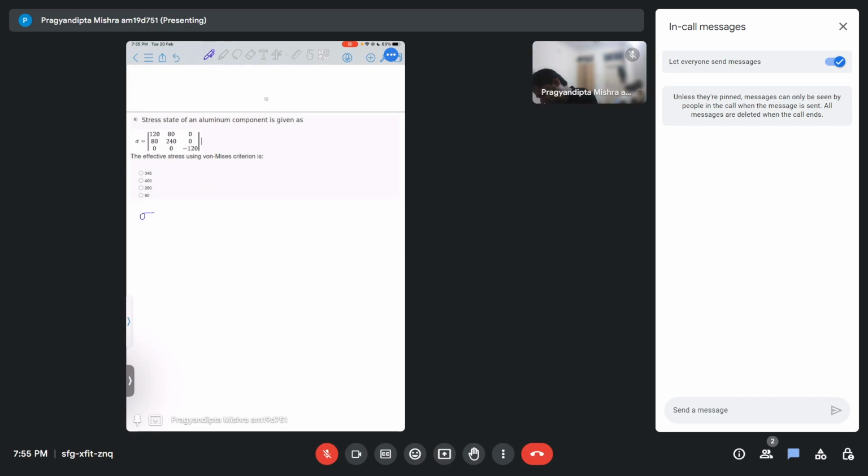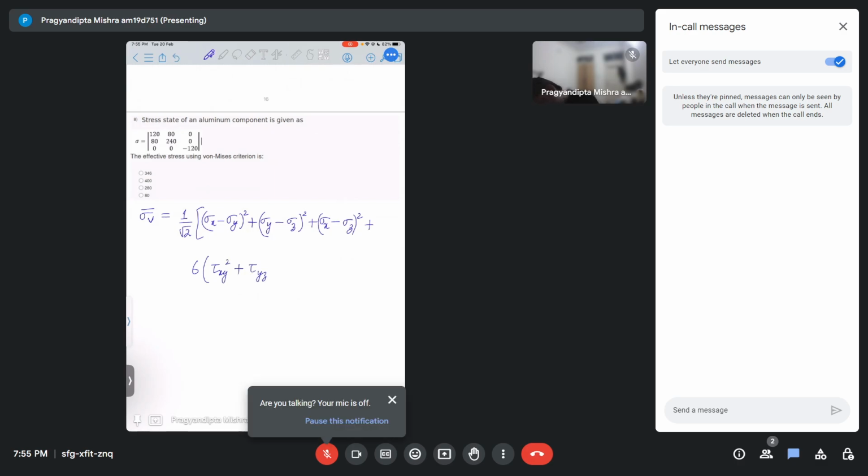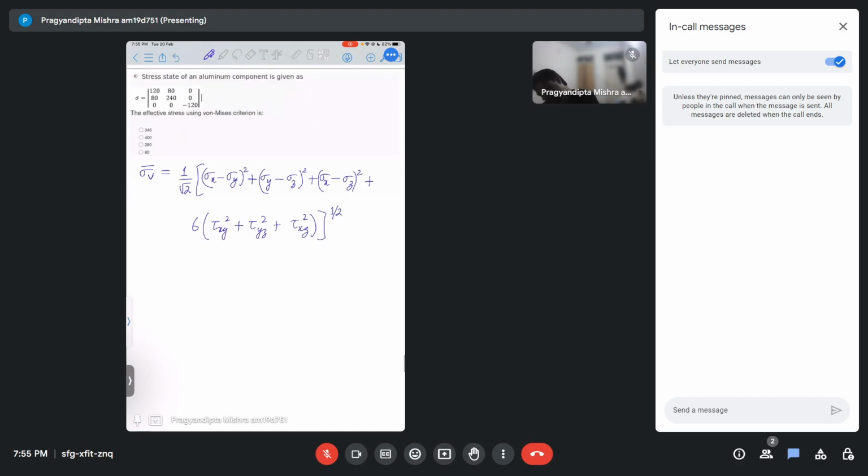So effective stress is equal to 1 by root 2 times sigma x minus sigma y square plus sigma y minus sigma z square plus sigma x minus sigma z square plus 6 of tau xy square plus tau yz square plus tau xz square, whole to the power 1 by 2. So this is our expression.